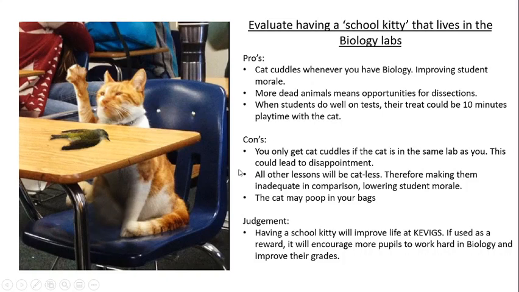Judgment: having a school kitty will improve life at Kevix. If used as a reward, it will encourage more pupils to work hard in biology and improve their grades. So how to evaluate? Give pros, give cons, make it balanced, and give a judgment as well.